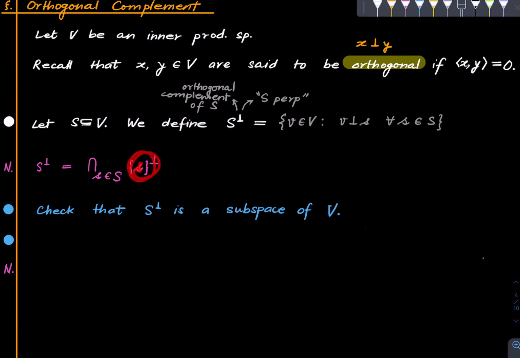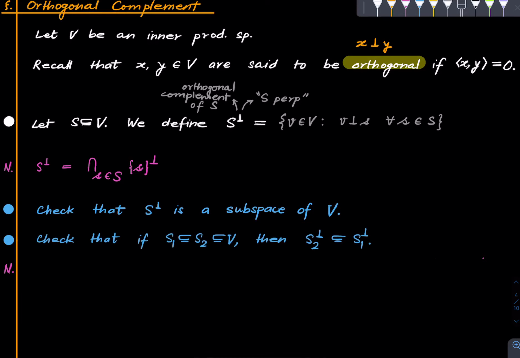And since the orthogonal complement of any subset is just the intersection of orthogonal complements of singletons, it would be an intersection of a bunch of subspaces, and hence would itself be a subspace. It's clear because if U and V are orthogonal to S, then their sum is also orthogonal to S, and any scale of U or V is also orthogonal to S. So this is a subspace of V.